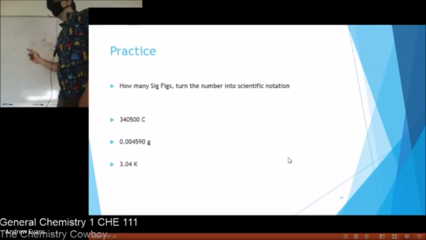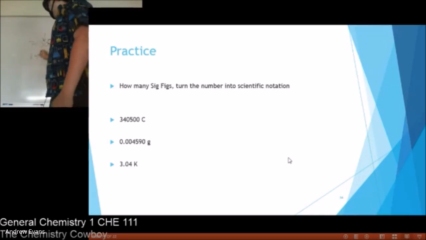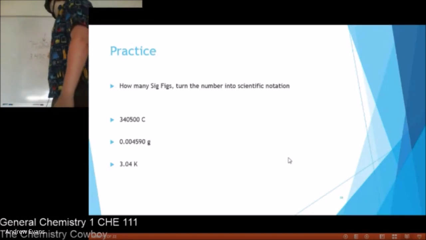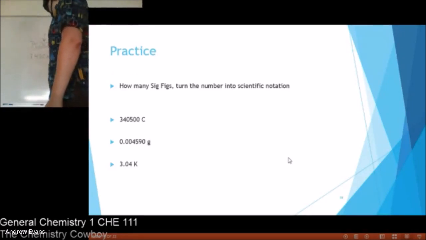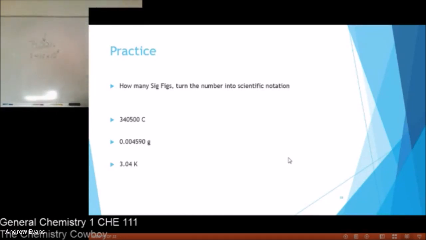Now, as we put this into scientific notation, remember, greater than 1, less than 10, 3.405, we would have had to move 1, 2, 3, 4, 5. So we would say 3.405 times 10 to the 5th Celsius.